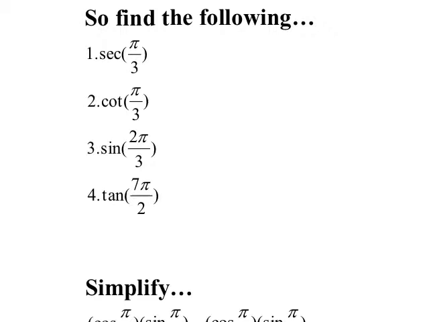All right, let's take the same kind of idea. What if I ask for cotangent of pi over 3? Well, let's go back and talk about what tangent of pi over 3 is. Tangent is going to be opposite over adjacent, or also known as, forgive the sloppiness of this, sine over cosine of pi over 3.